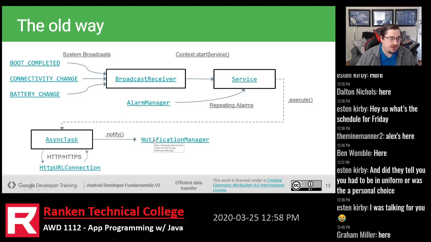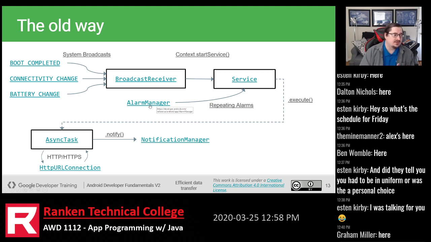So traditionally, in order to send notifications to the user, we had to hook every single piece of these up. We had to create a subclass of broadcast receiver, a subclass of service, a subclass of async task. And one thing I kind of skipped over, we usually also had to do something with alarms, or the alarm manager.